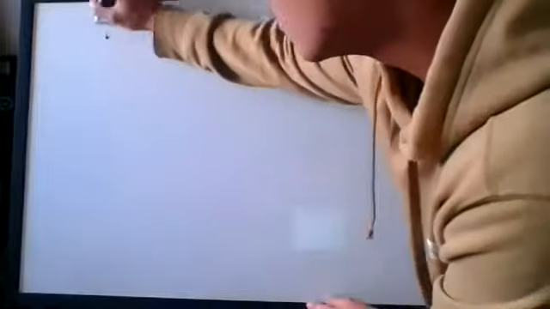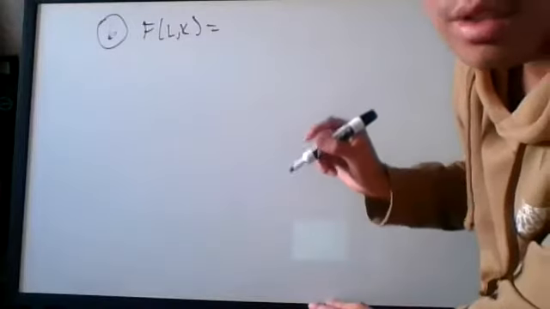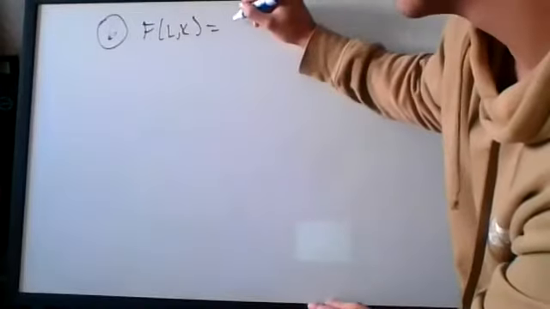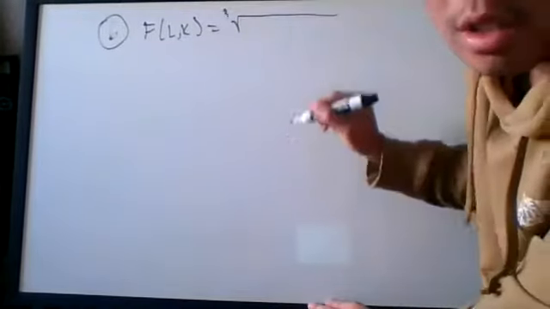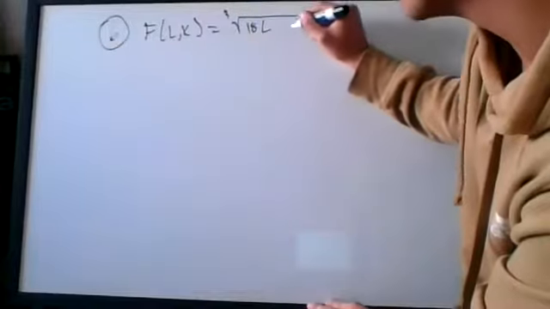And we're given that F(L,K) is equal to the cube root of 18L plus 9K.